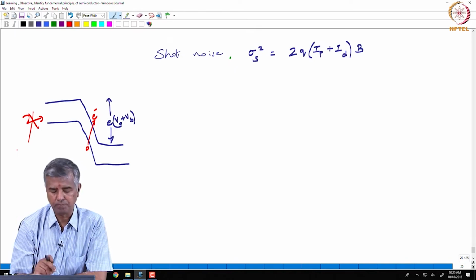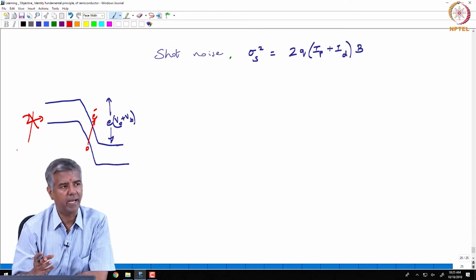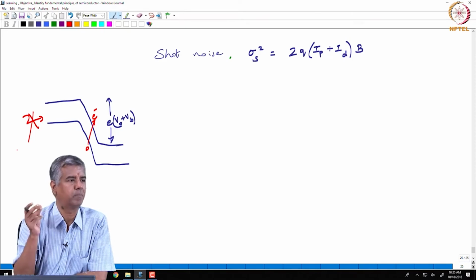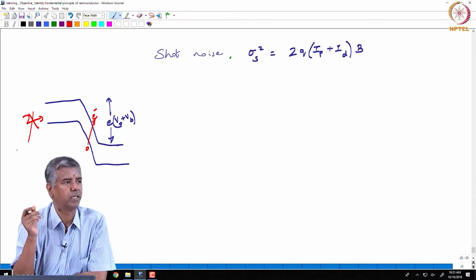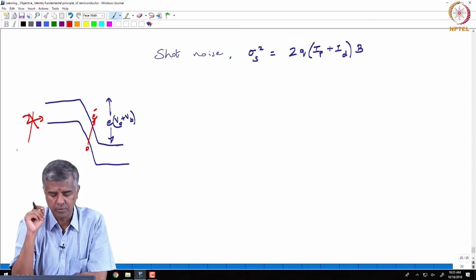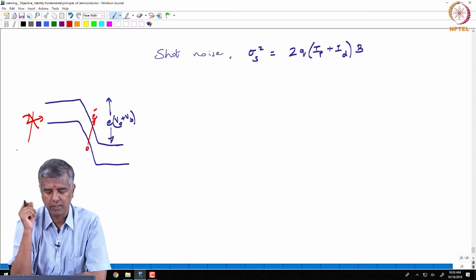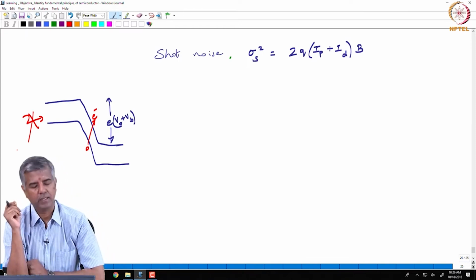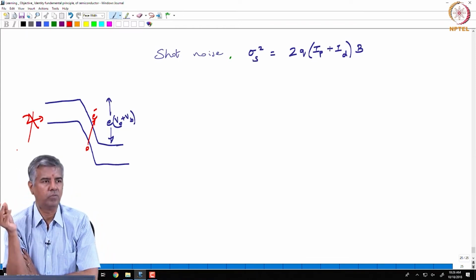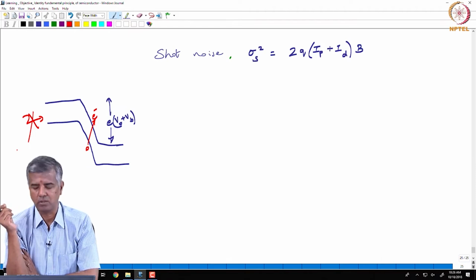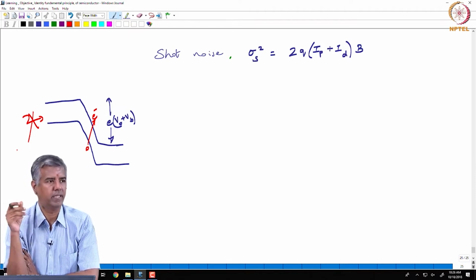So, you have more dark current at higher bias voltages. But even when you do not apply a bias voltage, there is a finite probability that an electron can jump over to the conduction band, which is called a thermally generated carrier, and that can also give you a current in the external circuit, which is what we are calling the dark current.